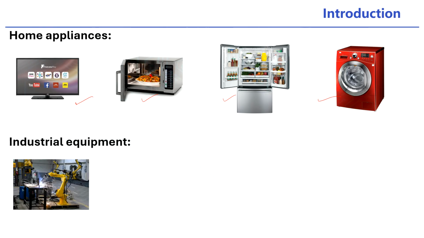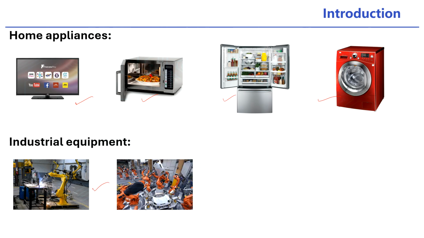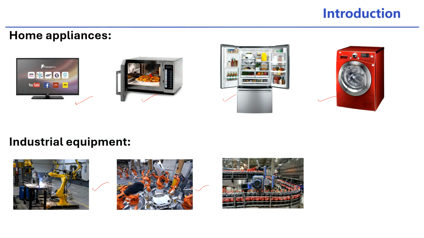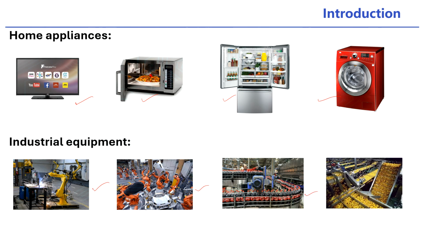And industrial equipment, where welding machines and car manufacturing systems, several robotic arms are working together to manufacture a car, and automatic bottle filling systems and food processing systems. So these are the several applications that use the microcontroller.